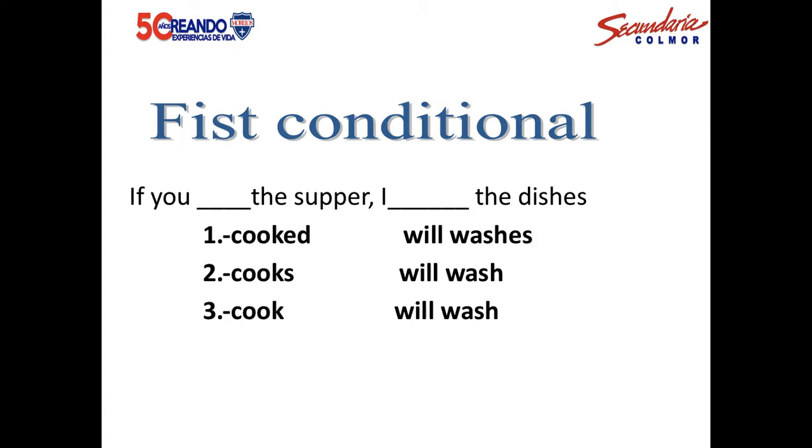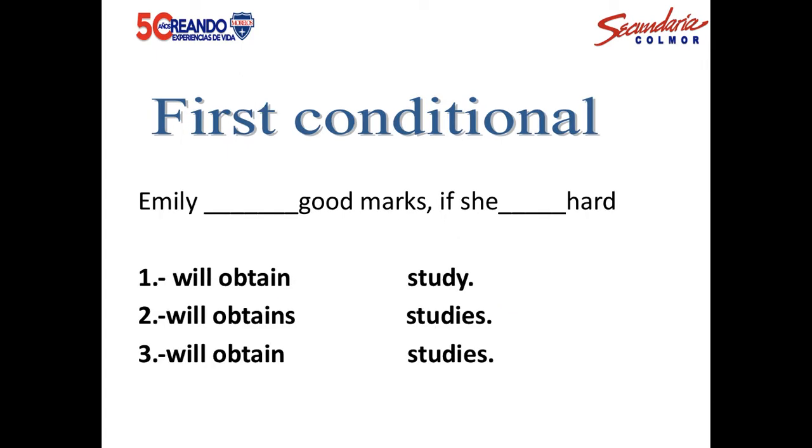What do you think is the correct option, guys? Yeah, it is perfect. The number three, "cook, will wash." So the sentence is, if you cook the supper, I will wash the dishes.